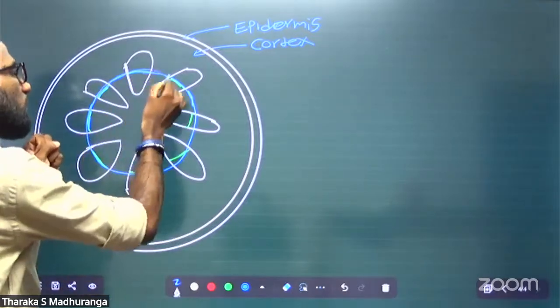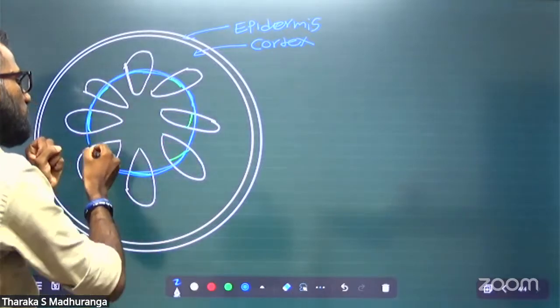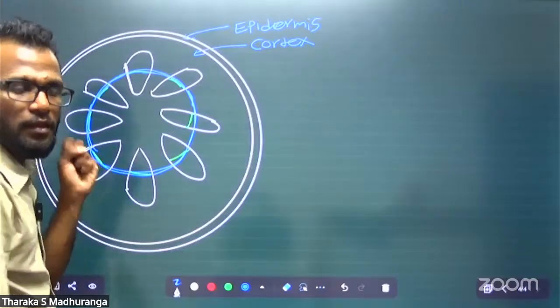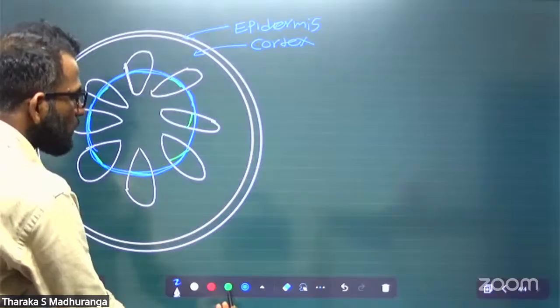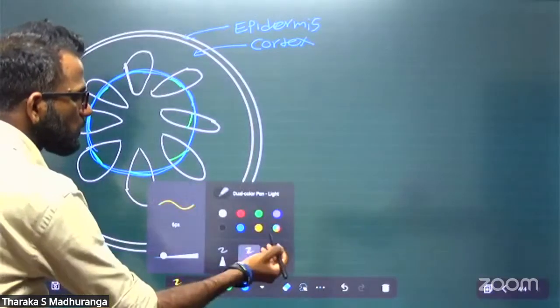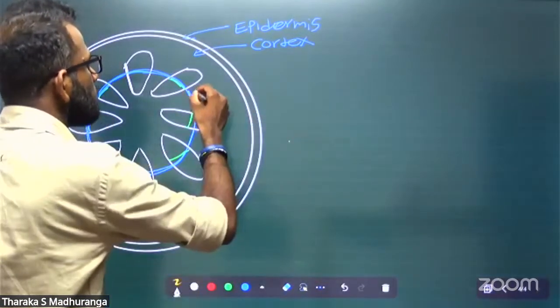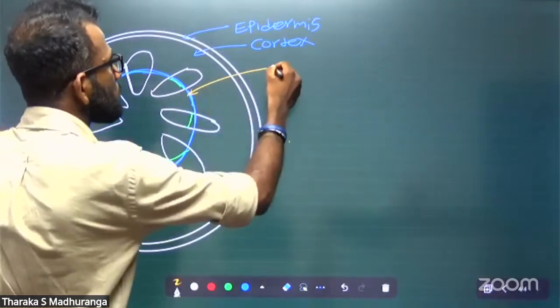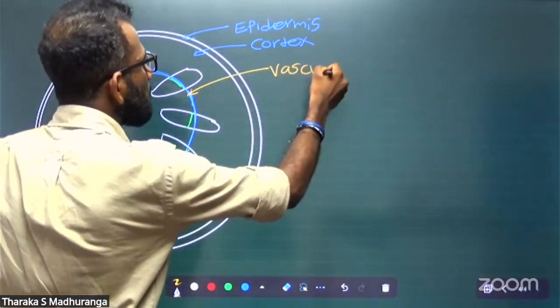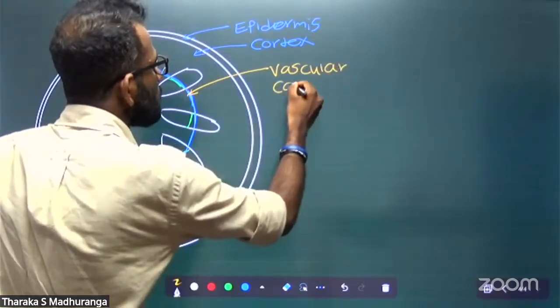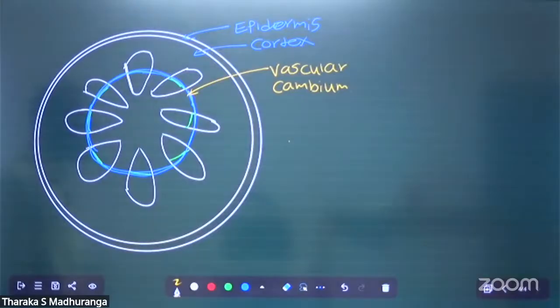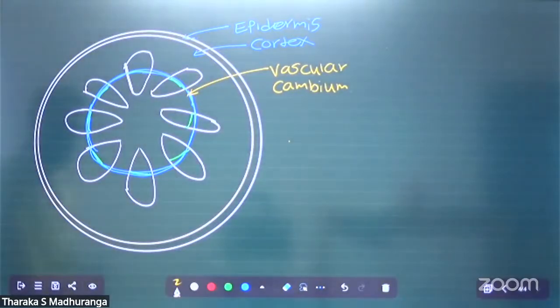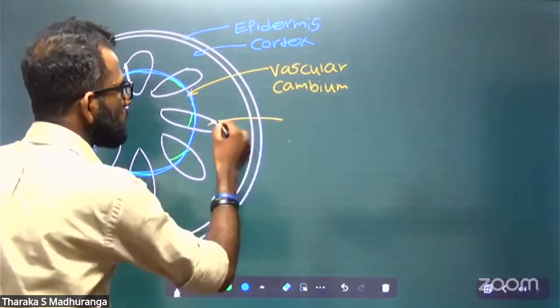That ring we call the vascular cambium. Then you already know this is xylem.